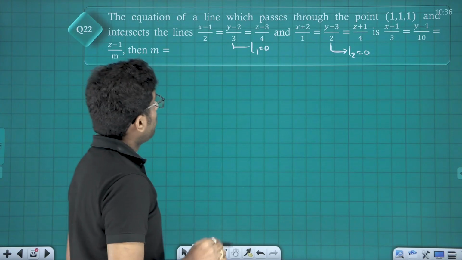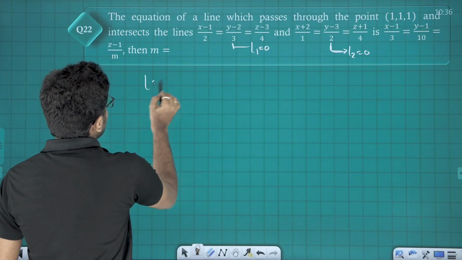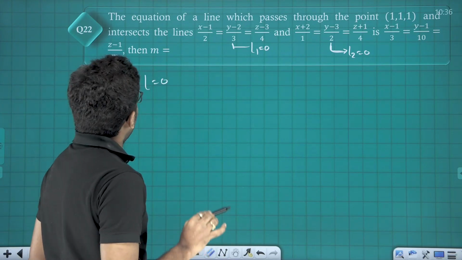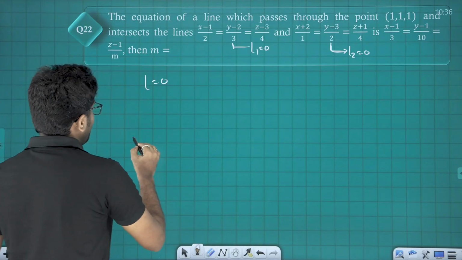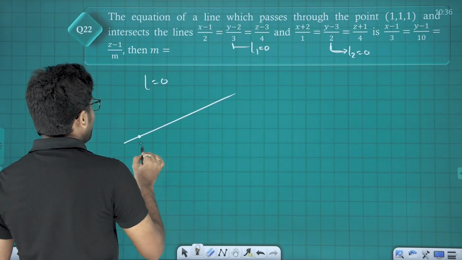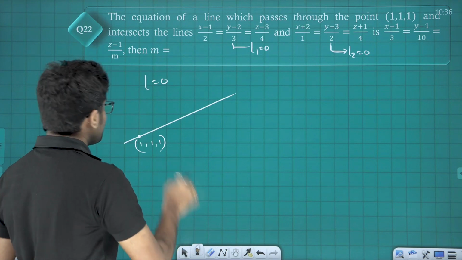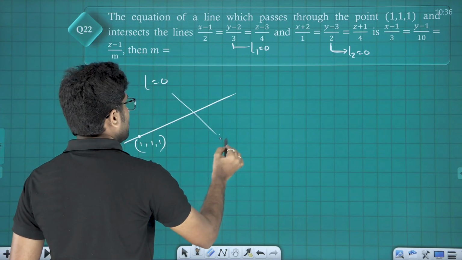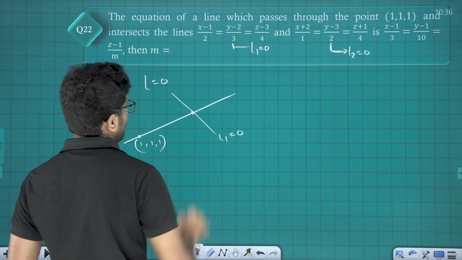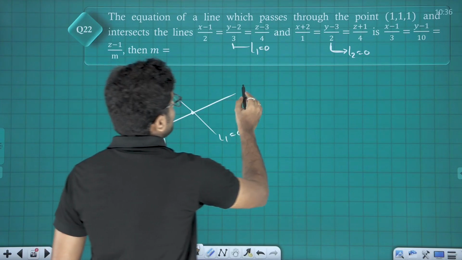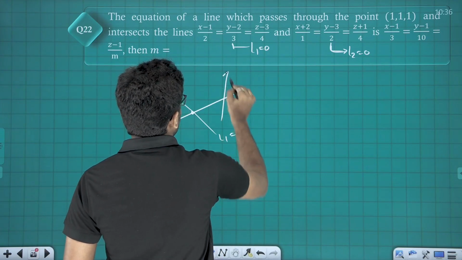Now what they said, our line L is equal to 0, this our line is passing through the point (1, 1, 1). Now this line intersects L1 is equal to 0 and also intersects L2 is equal to 0.